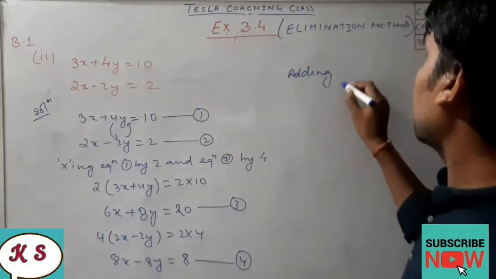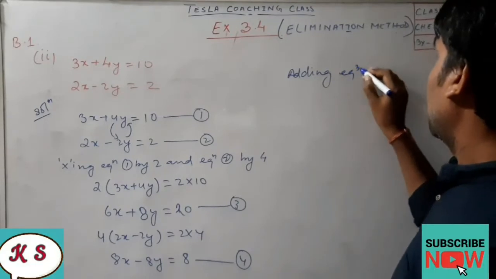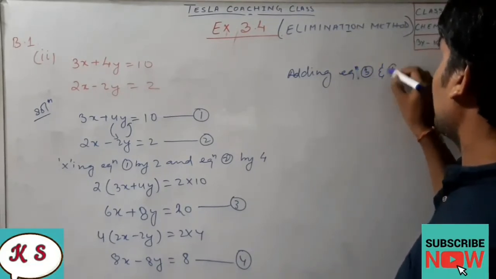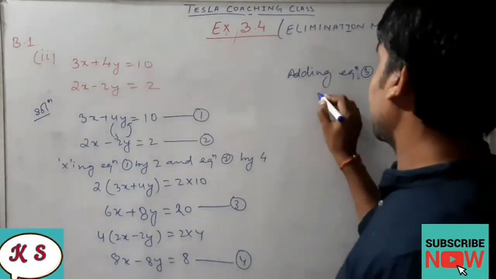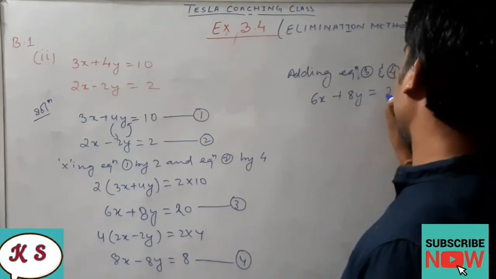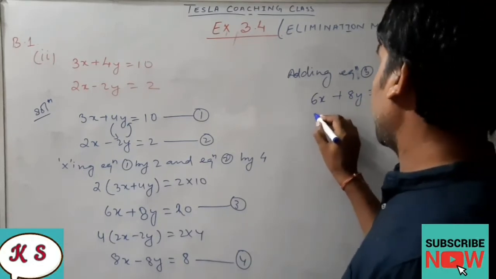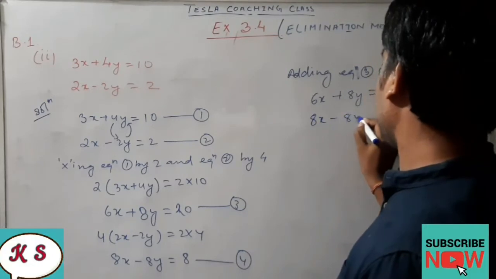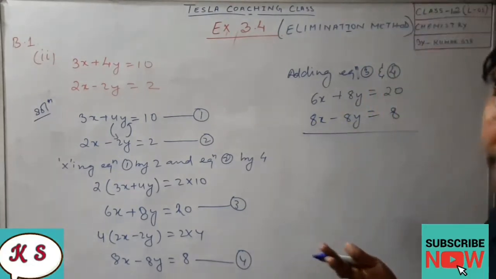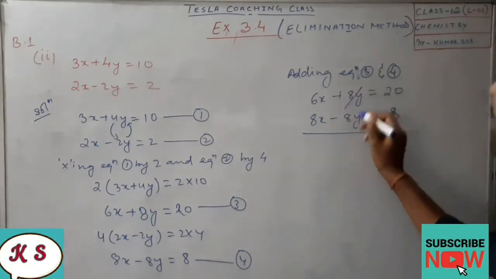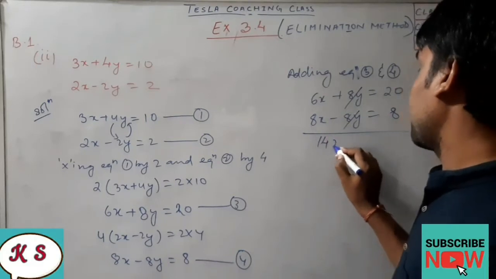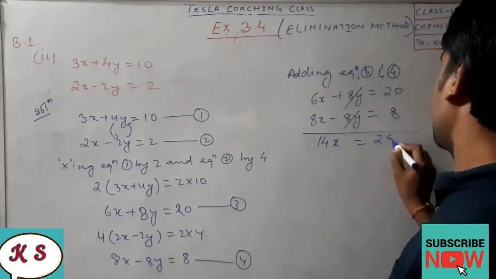Adding equations 3 and 4, you will get 6x plus 8y equal to 20, and 8x minus 8y equal to 8. When we are adding, there is no change in sign, as I have already told you. Plus 8y and minus 8y get cancelled, and 6x plus 8x is 14x. This side will be 28.